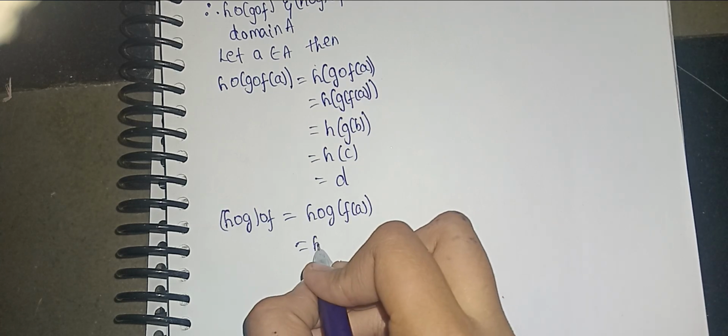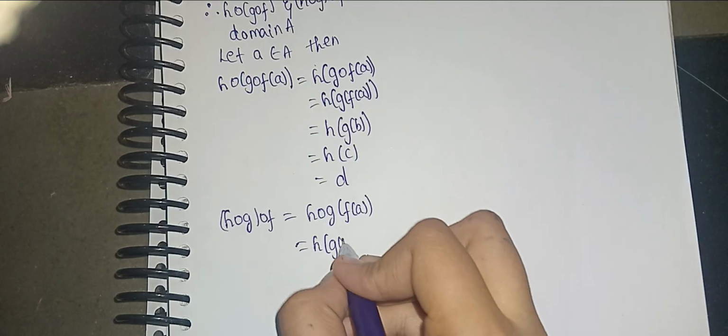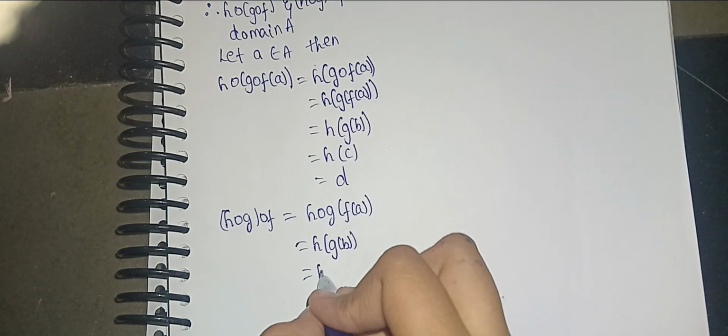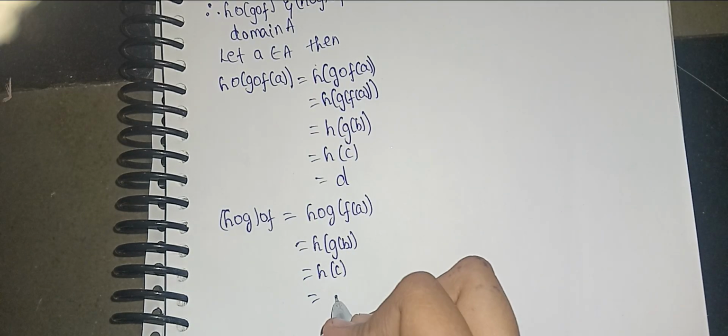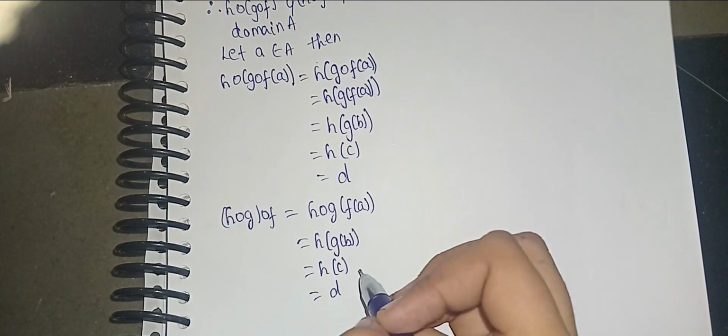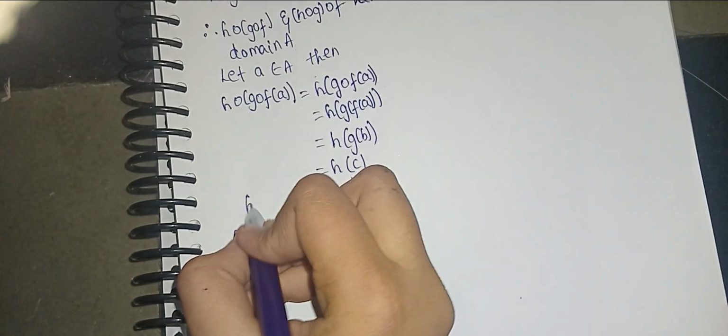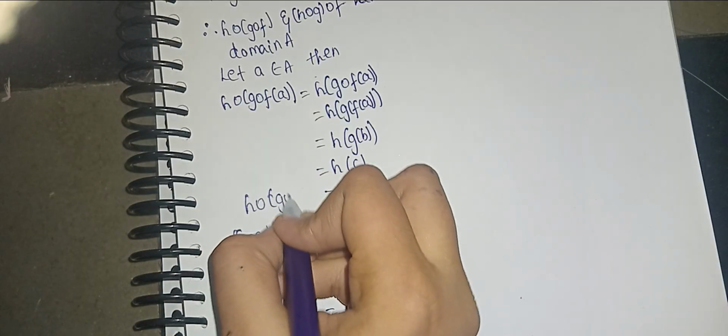It's B. H of G of B. What is G of B? C. What is H of C? D. They both are equal to D. Means they both are equal.